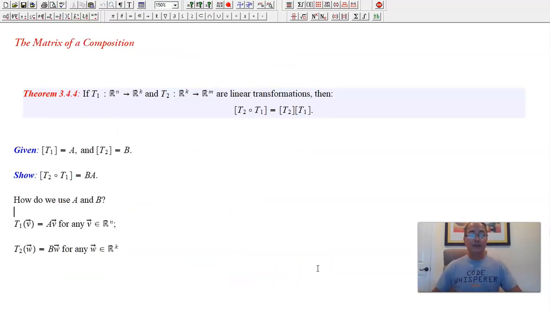Now, the associative property of matrix multiplication is exactly what we need to tie up a loose end from the previous section.